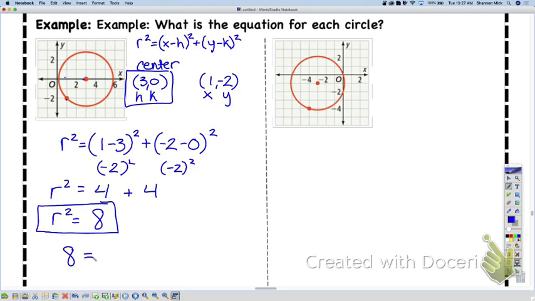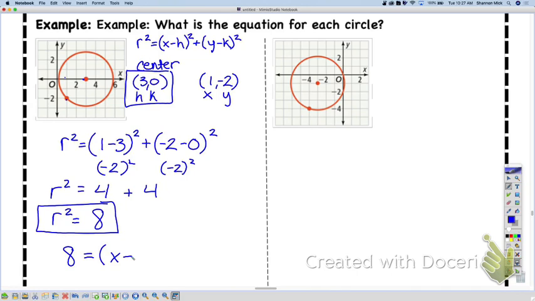8 equals, parentheses, and X is always going to be X in an equation, correct? So when we write this out, we leave the X and Y values out of it, because otherwise it's not an equation. We had to plug in X and Y in order to find R squared to be able to do this. So X minus H, what's H? 3.